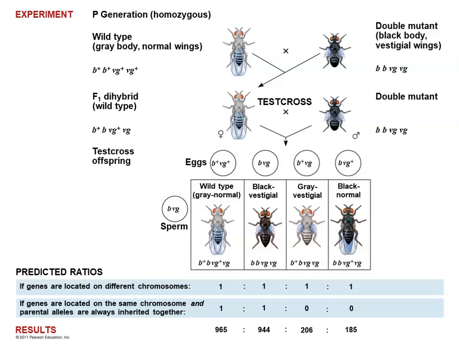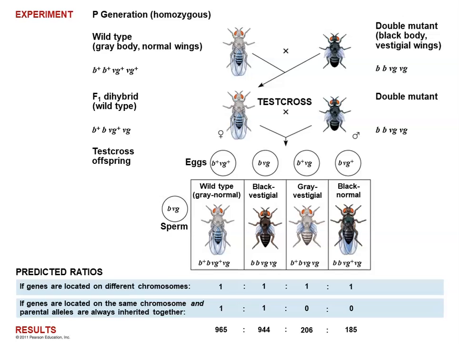And we see that when they got crossed, they were able to produce an offspring that was heterozygous for both traits. They then did another test cross where they took that dihybrid offspring from the F1 generation and crossed it with another double mutant.